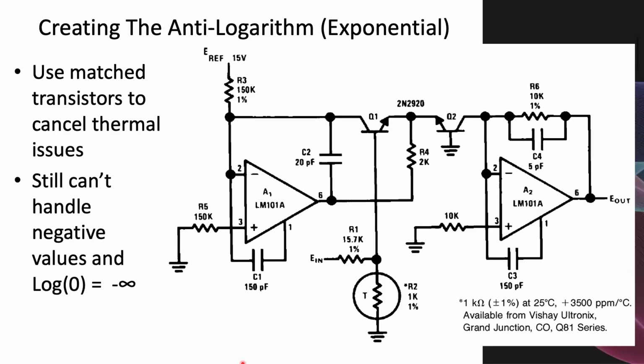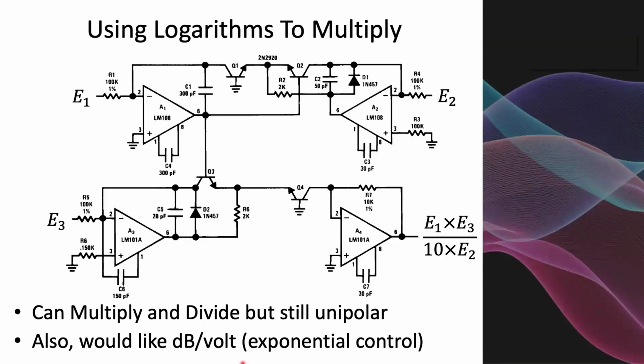We can create the antilog to get things back, but we still can't handle the negative values. And we can combine the log and antilog circuit together, which gives us this wonderful complicated circuit here with 4 transistors. It multiplies and divides, but it's still unipolar.